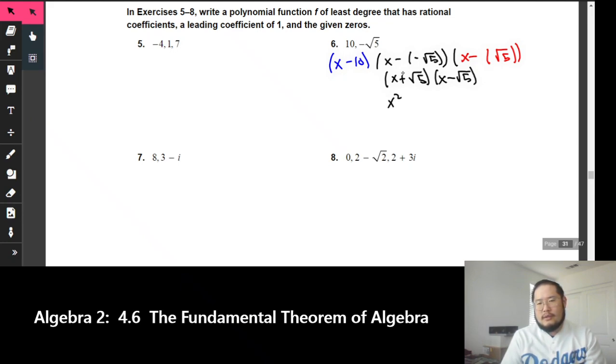And then the first and the last, right? And so the last part is going to get us rad 5 times negative rad 5 is rad 25, which simplifies down to 5.